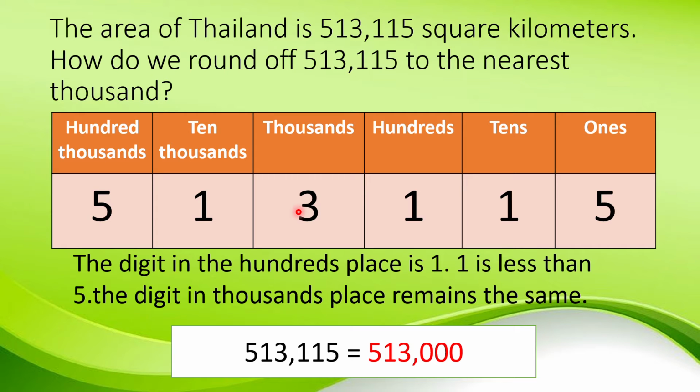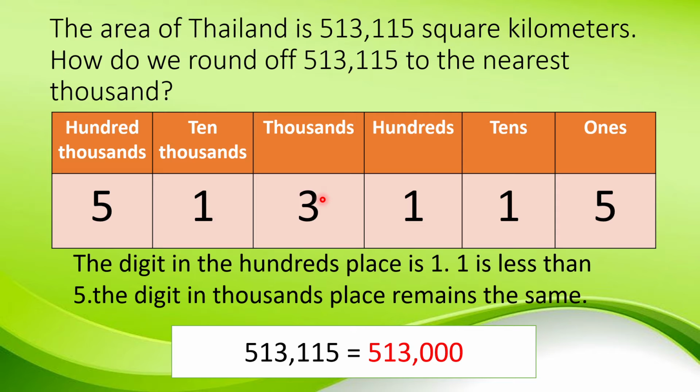So how are we going to round this off? In our rules, the 3 is followed by 1, and 1 is less than 5. So since it is less than 5, the 3 here in the thousands place will remain the same.